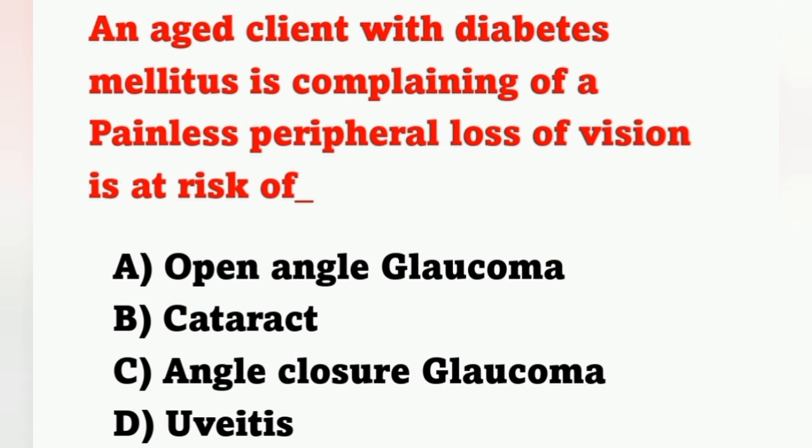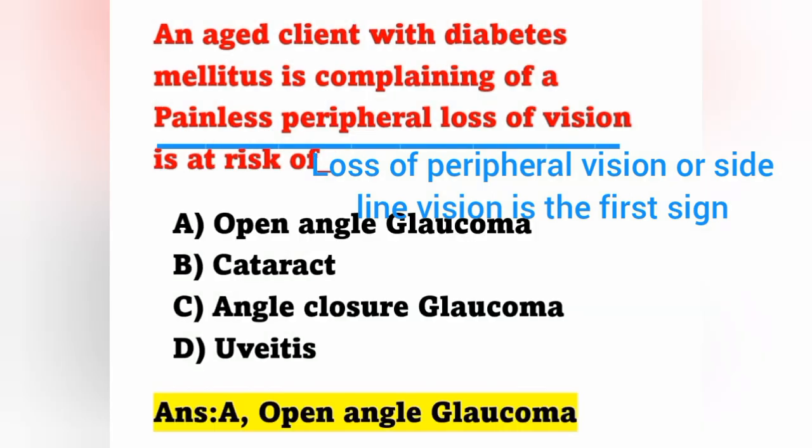An aged client with diabetes mellitus is complaining of a painless peripheral loss of vision. He is at risk of: option A, open angle glaucoma, option B, cataract, option C, angle closure glaucoma, option D, uveitis. The correct answer is open angle glaucoma.